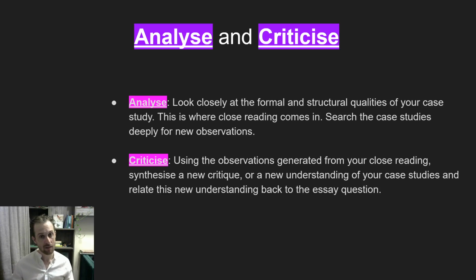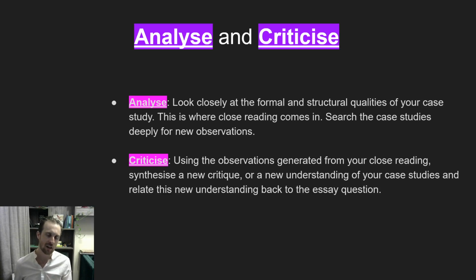The second phase, which is very important, is to criticize. The critique phase is when we take all of the observations that are generated in the close reading and we synthesize, or invent, a new critique based on the observations. We're trying to make a new understanding of the case studies and relate this new understanding back to the essay question. That's why all of the essay questions ask you to analyze and critique your case study.